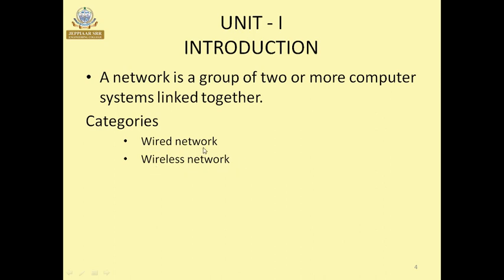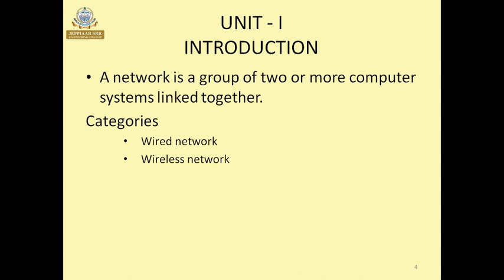What is a wired network? We connect the devices with the help of wires, and the type of cable changes. It can be a coaxial cable, a fiber optic cable, or a twisted-pair cable where the signal is transferred.